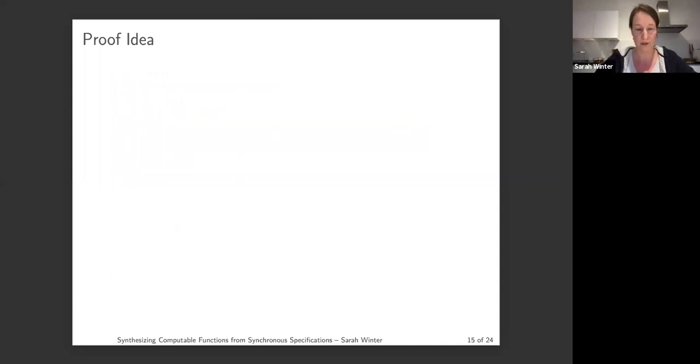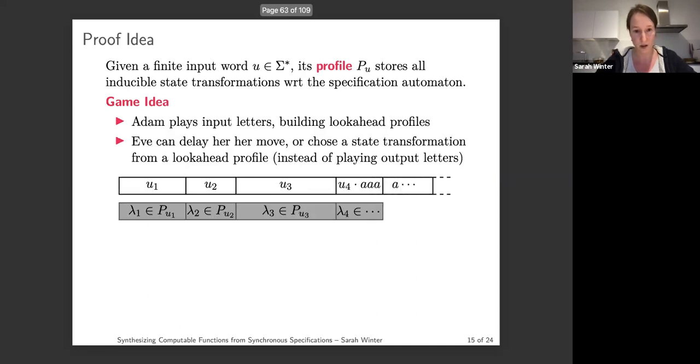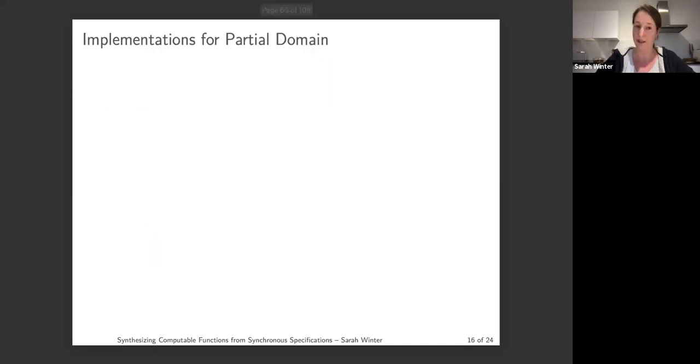Okay, so I have more details, but I think I will skip this slide. Okay, and now the big question. We know we can decide whether we have a computable implementation, but do we need the whole power of deterministic Turing machines in order to have such an implementation?